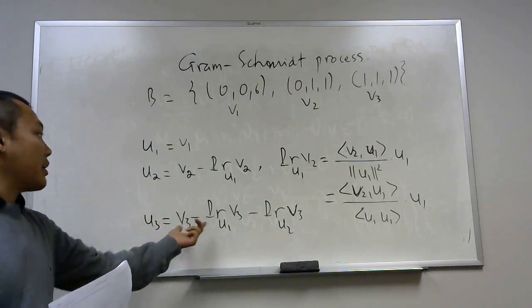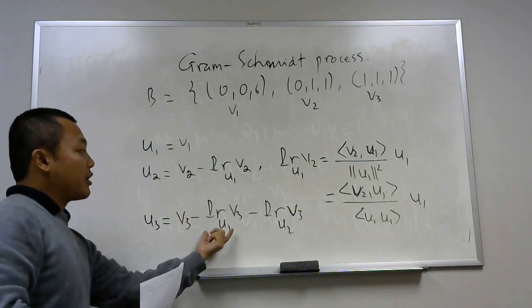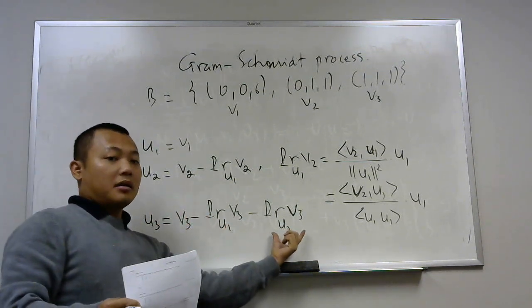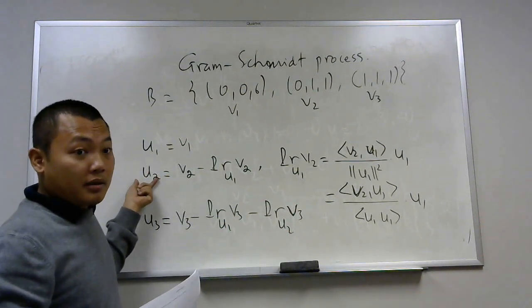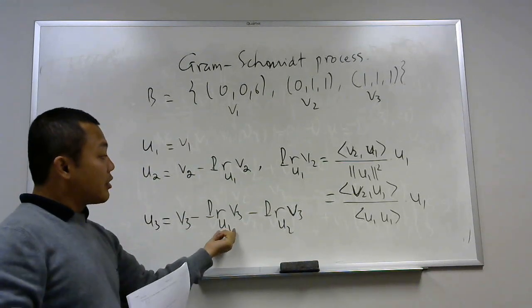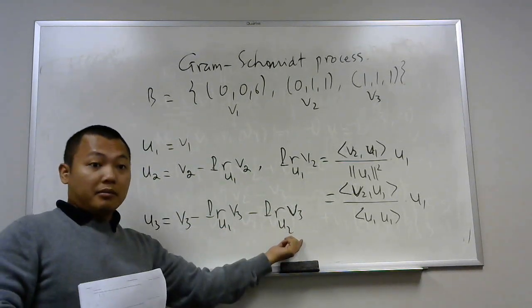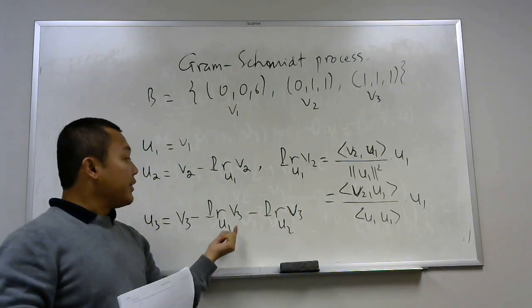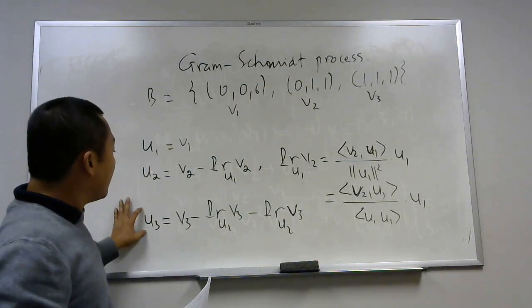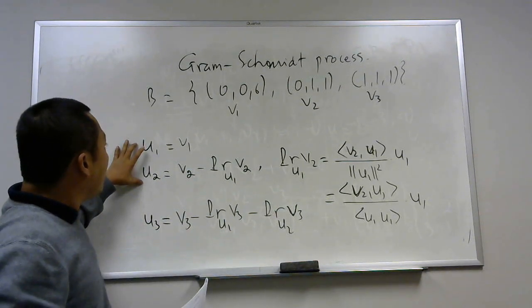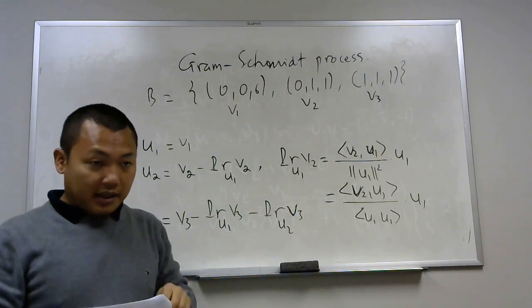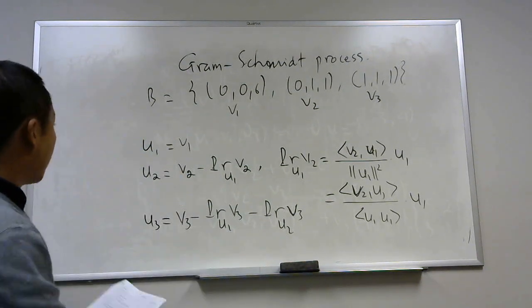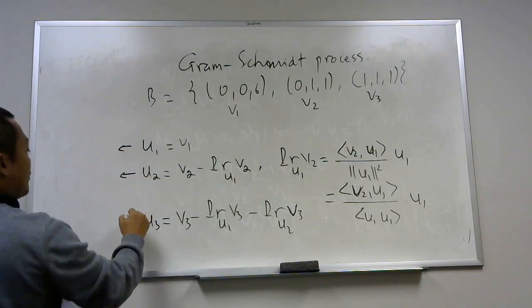We apply the same idea. We take v3 and subtract its projections on the previous orthogonal vectors, u1 and u2. Here we should not use v1 and v2, don't forget that. If you use v1 and v2, you will not have u3 orthogonal to u1 and u2, so we will not have an orthogonal basis. After this process, you have to normalize.